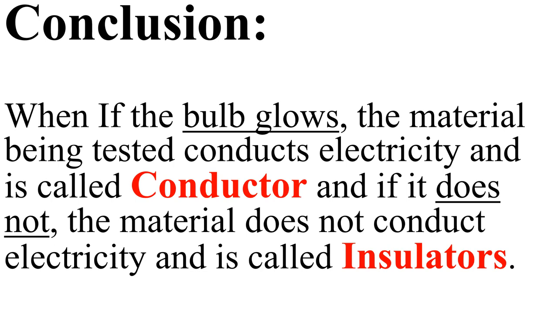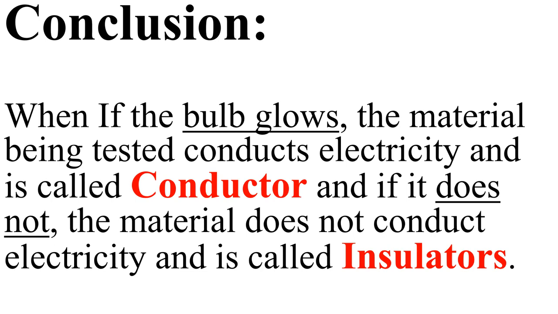So, conductors are the materials which allow the electricity to pass through them, and the bulb glows when the electricity passes through them.